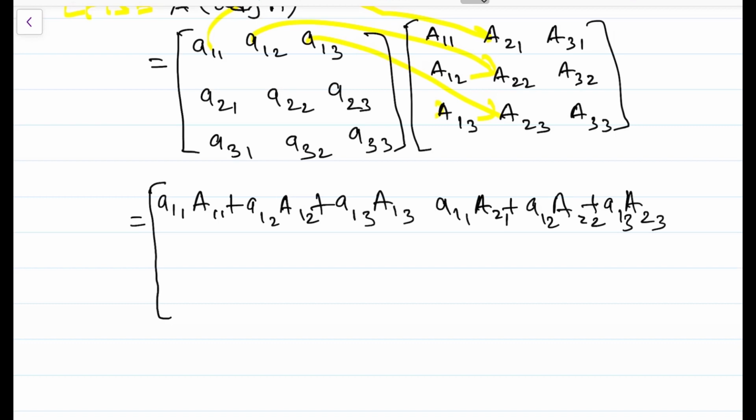The value of these sums of products will be 0, as we have learned in the previous video. You may refer to page number 124 and 125 of the NCERT textbook.